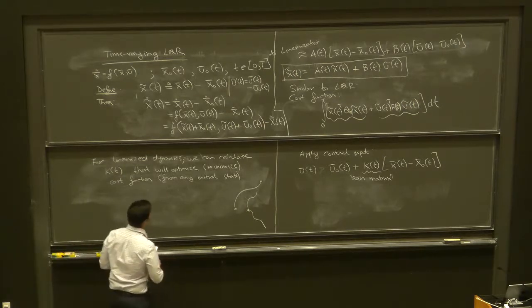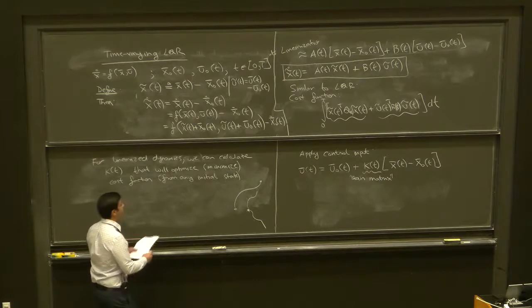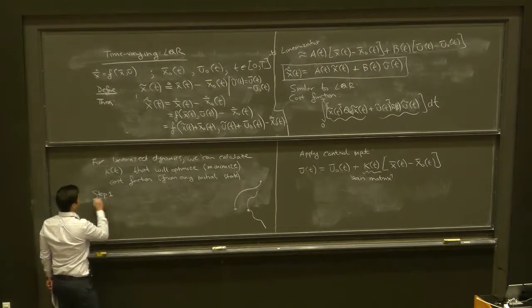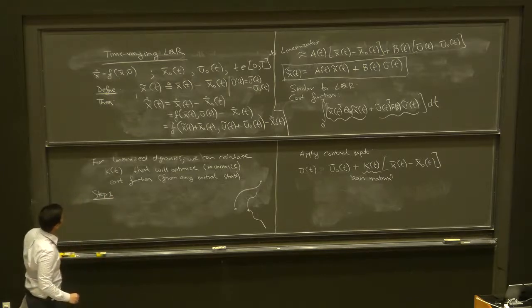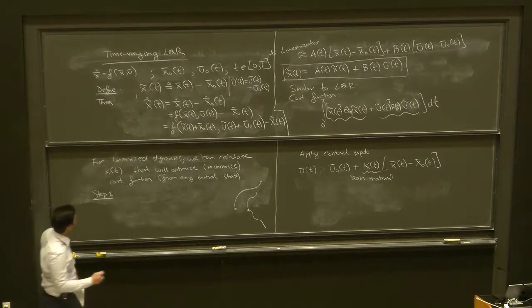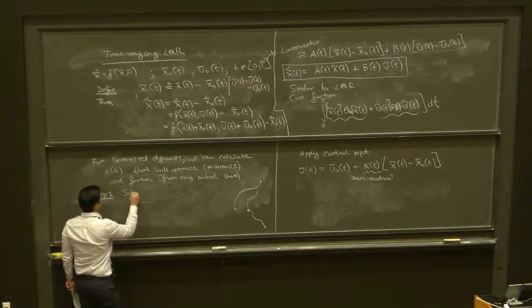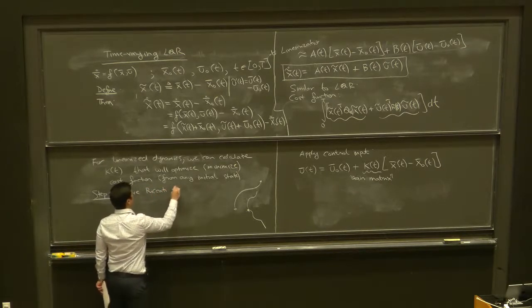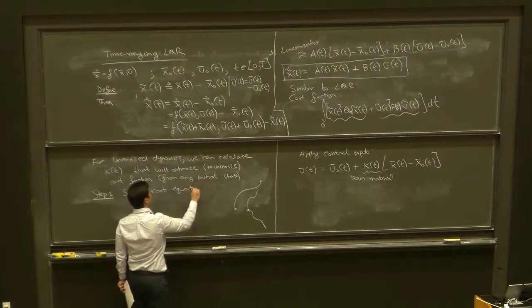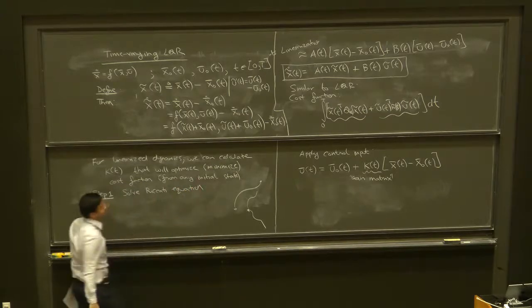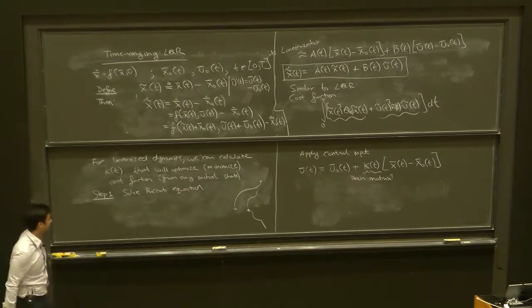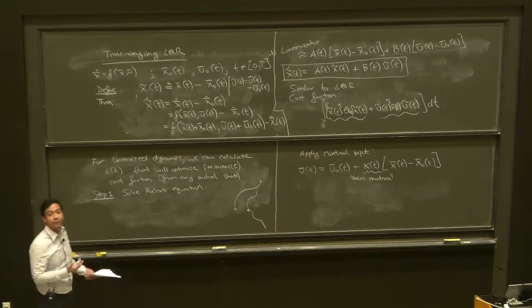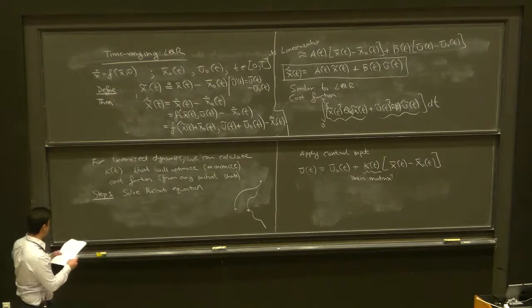So it's going to be, again, 2 steps. Let me write down step 1 first. We're going to solve this Riccati equation, which we had solved in LQR when we discussed it initially. It's going to be a slightly different version of the Riccati equation, so I'll write it down.